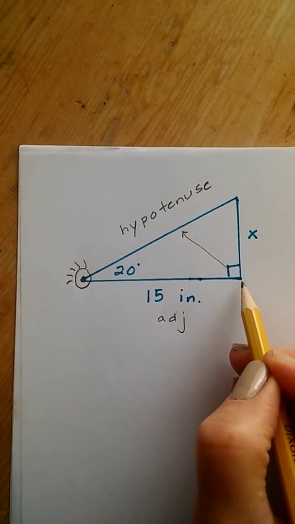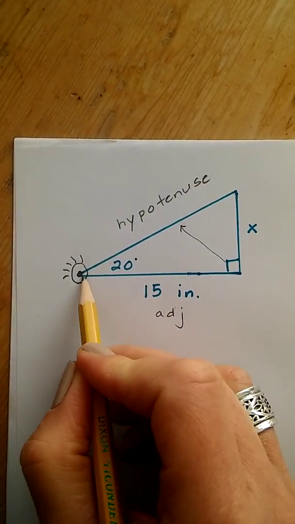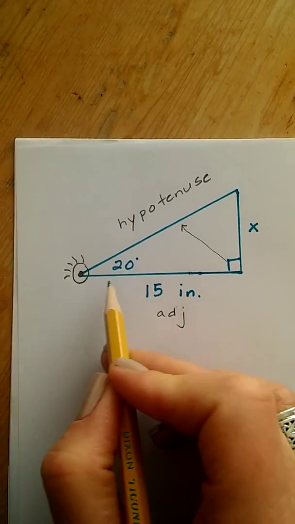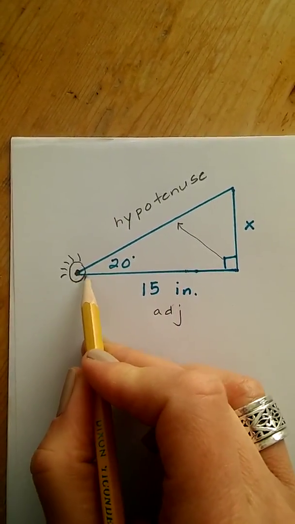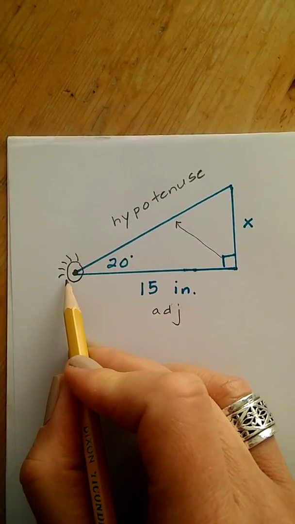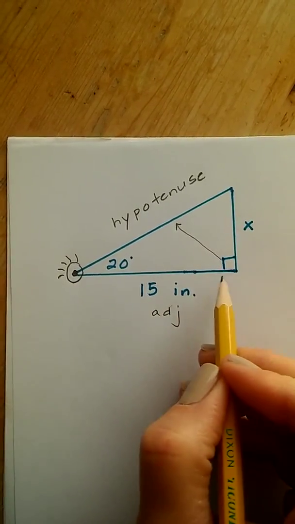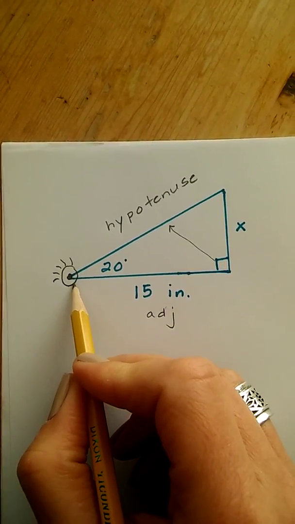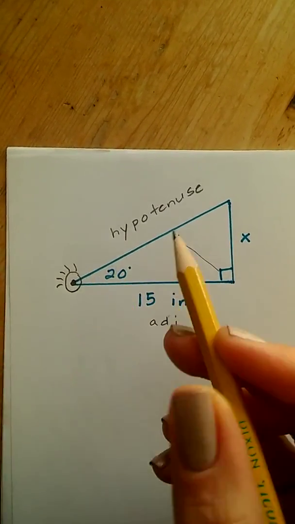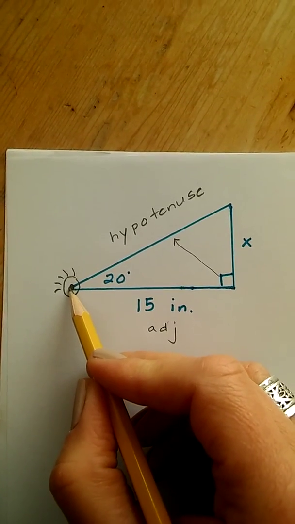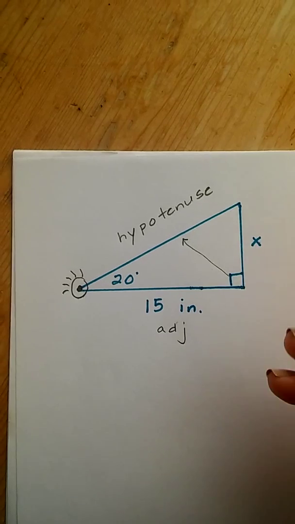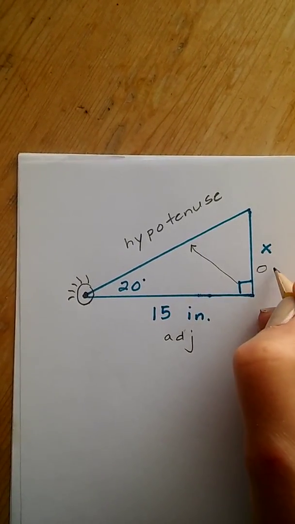Remember, adjacent means that the leg is attached to the angle. So this leg and the 20-degree angle are connected. So this is the adjacent leg. And then here's where we are. We have to travel all the way through the triangle to get to X. So this is the opposite leg.